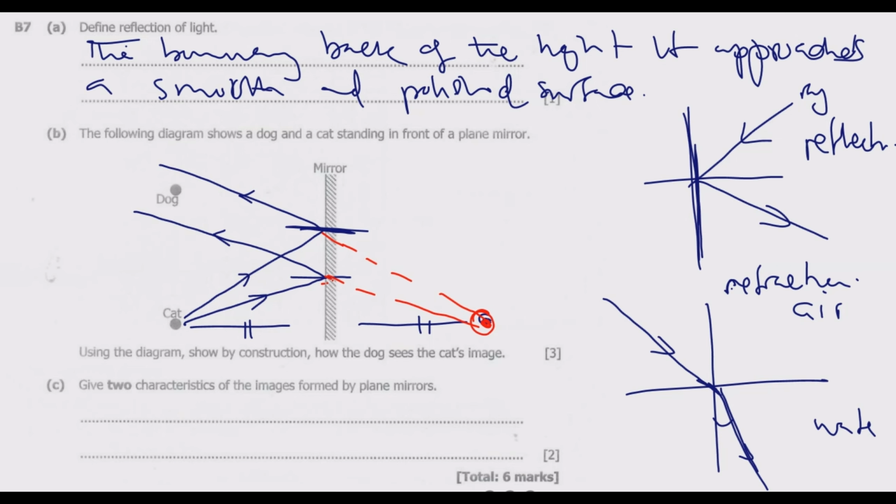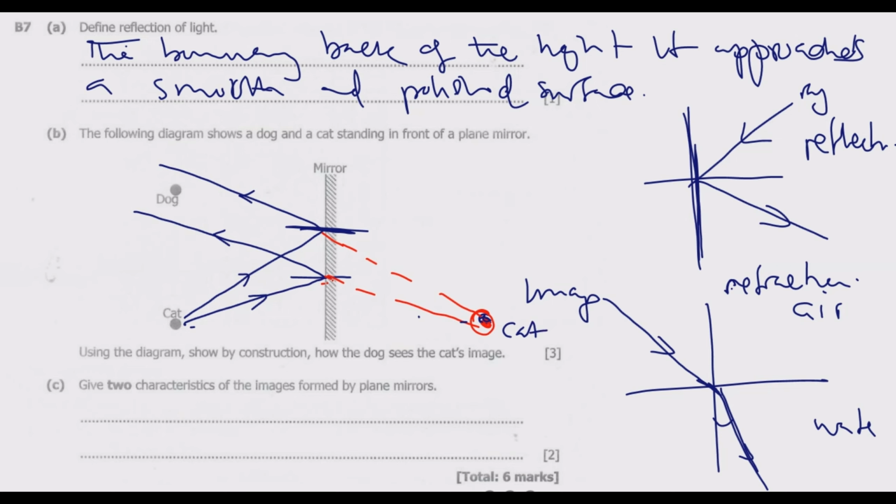So use a ruler to draw nicely these rays like this. So basically, this is how you answer the question to get the optimal mark, and this will be the image of the cat, somewhere here. So this is what you do.